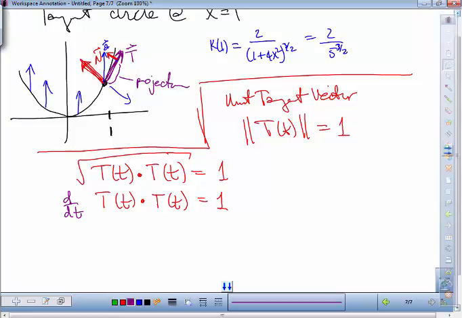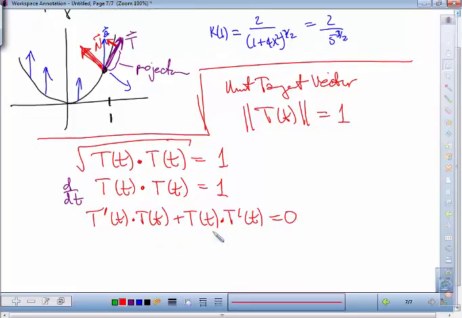So it turns out that this derivative is T'(t) dotted with T(t) plus T(t) dotted with T'(t). Now, if we take the derivative of the left-hand side, we have to take the derivative of the right-hand side. Derivative of 1 is equal to 0. And it turns out that since the dot product is commutative, you can switch the order, which means these two things that we're adding are exactly the same.